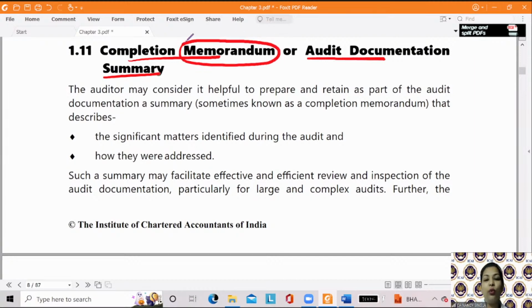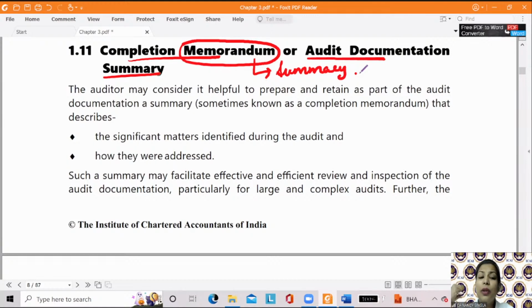I just told you, when we were discussing the various examples of audit documentation, that memoranda or memorandum means what? Summary. Now students, we are saying that the auditor and his team need to maintain audit documentation. In the case of large organizations, where the number of documents in the audit documentation is huge, it is better to have a summary of the significant matters identified during the audit and the way they were addressed during the course of the audit.